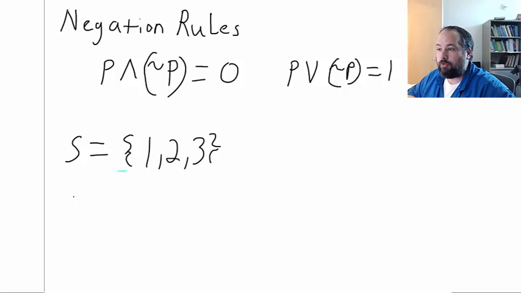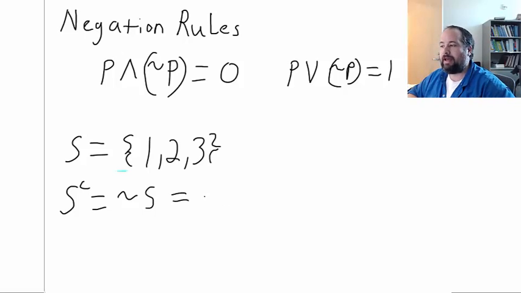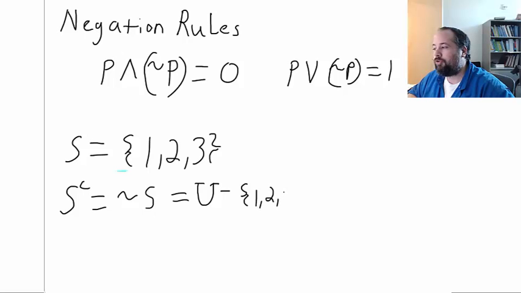If S is 1, 2, and 3, then what is S complement? Remember, S complement is the same as not S. So what is contained in not S? It is everything that's in that universal set except for 1, 2, and 3. Everything else is a part of S complement.